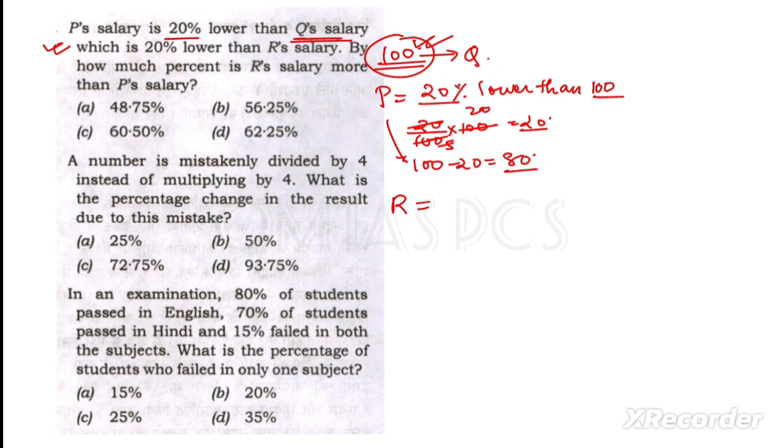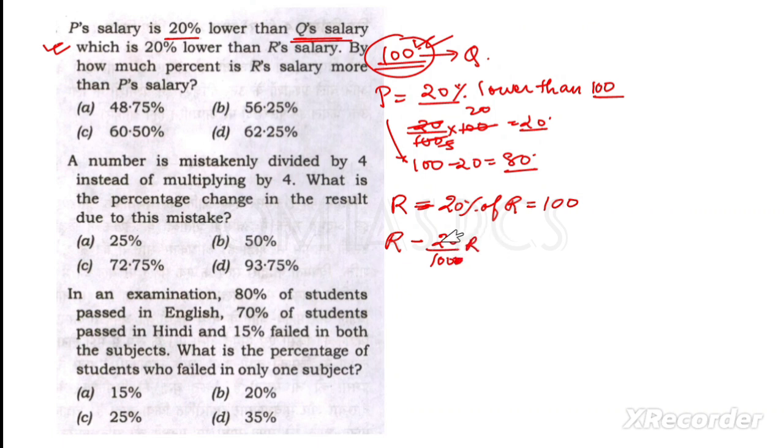What is given is that Q's salary is 20% lower than R's salary. That means we have to subtract 20% of R's salary, and we will get 100, that is Q's salary. So we can write here R minus 20% of R, meaning 20 by 100 of R.